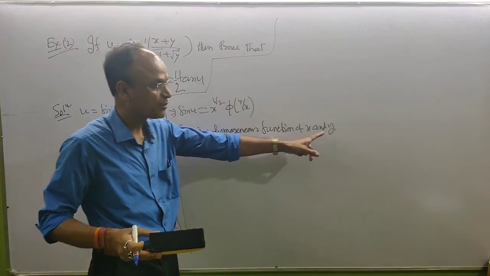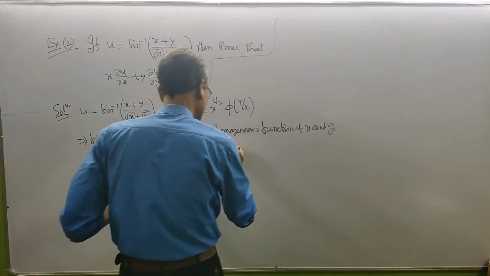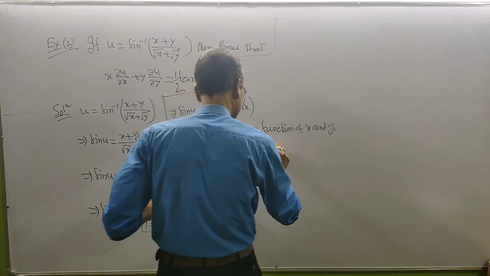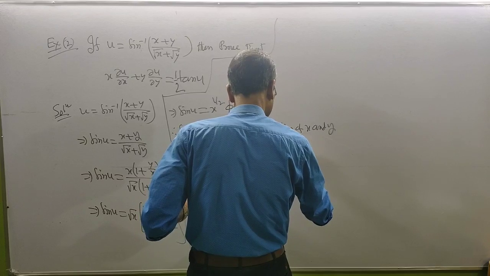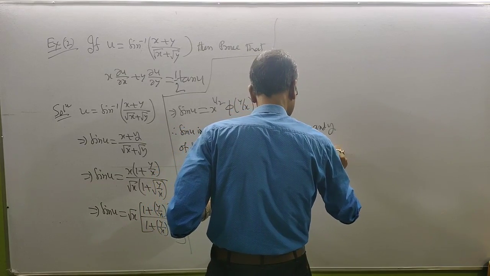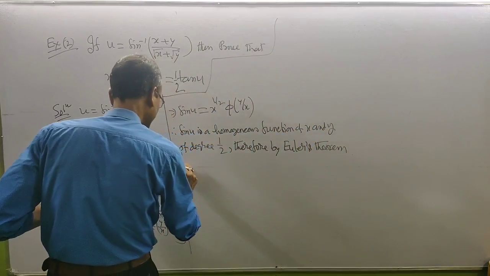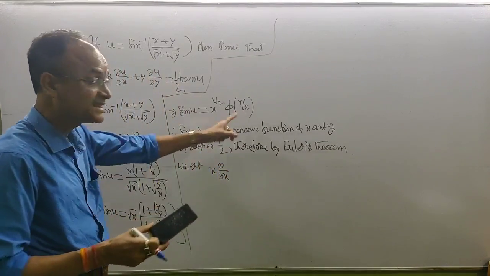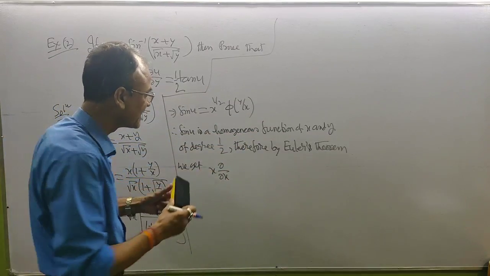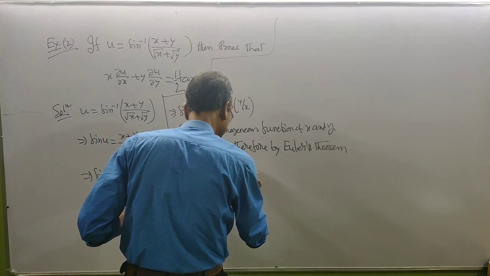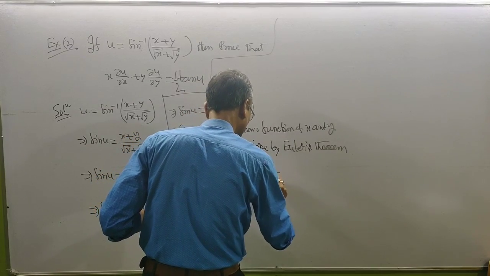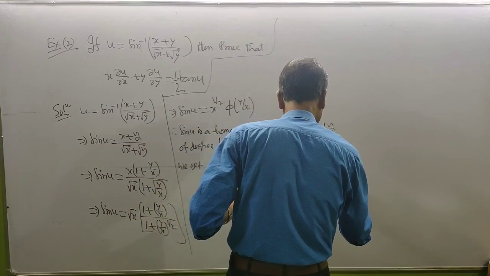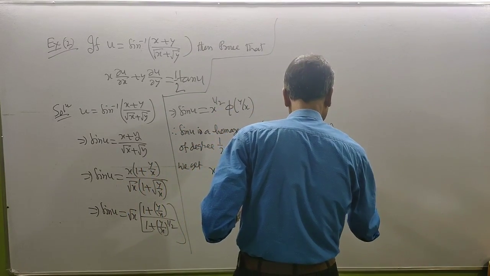Therefore, by Euler's theorem, we get, for the function of x and y, x del x of sin u plus y del y of sin u will be equal to half into sin u. You will get this.